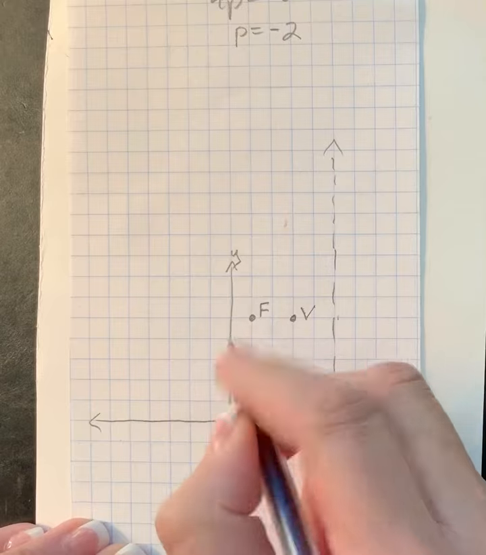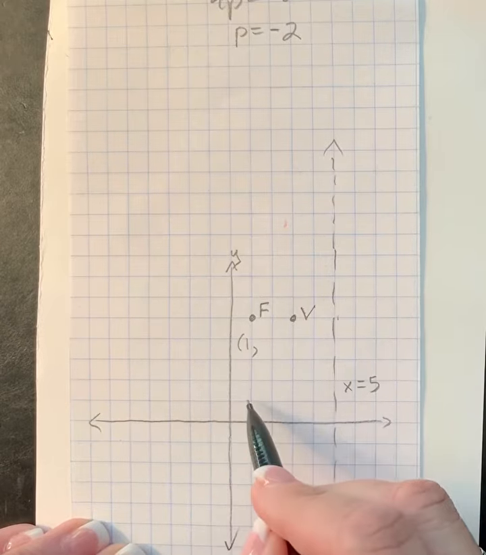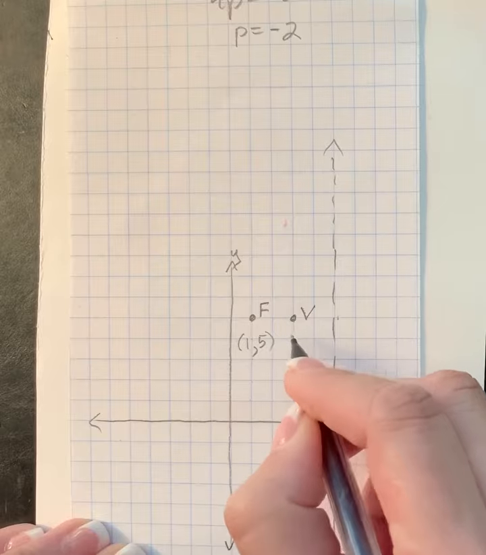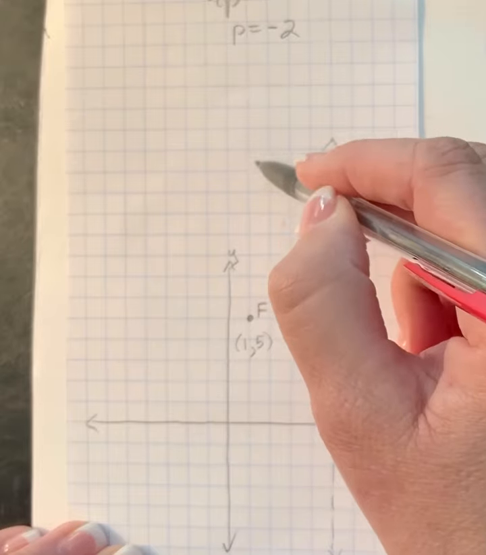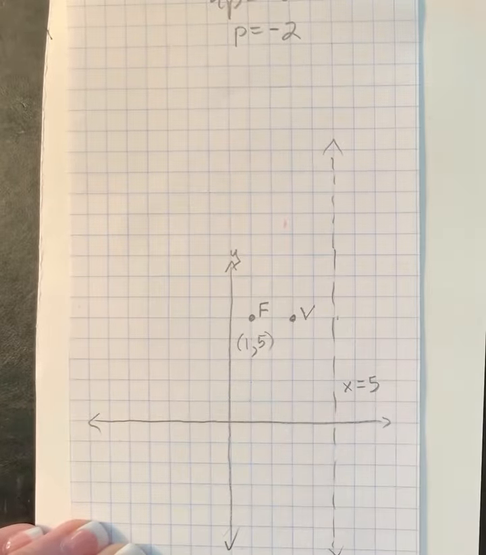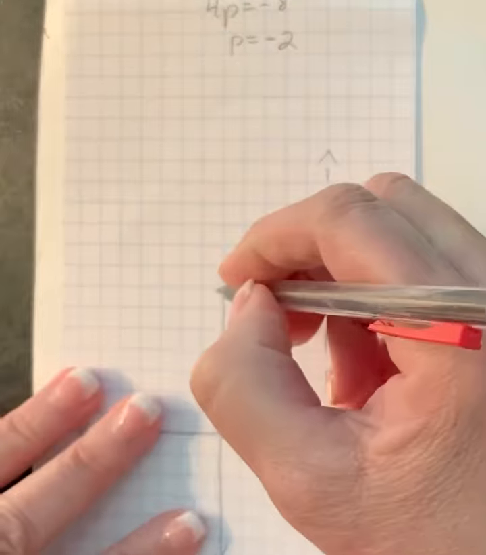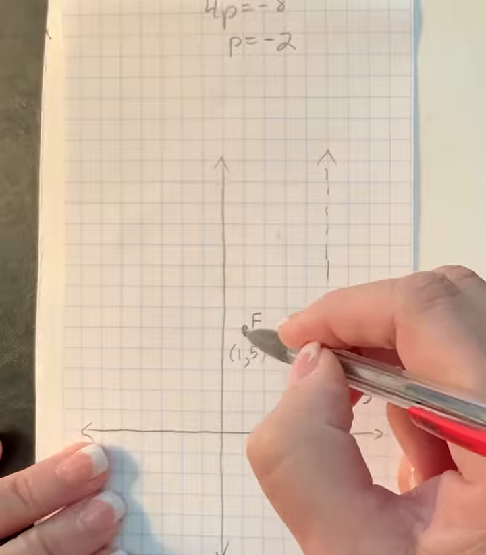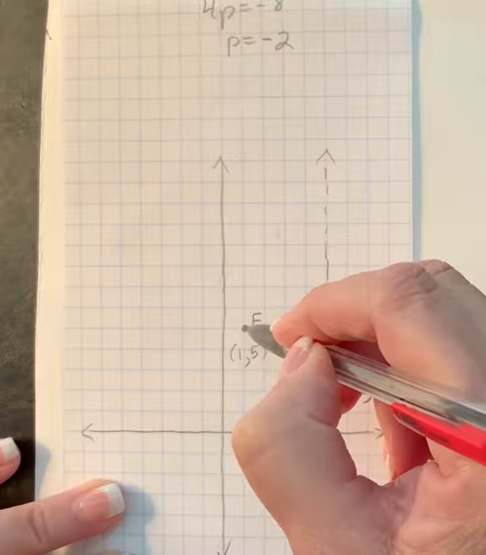The focus is going to be 1 comma 5, and the vertex we found was 3, 5. Okay, now the parabola is going to open like this. To get a couple more points on there, we're going to go from the focus, and we're going to use the value of 2p.